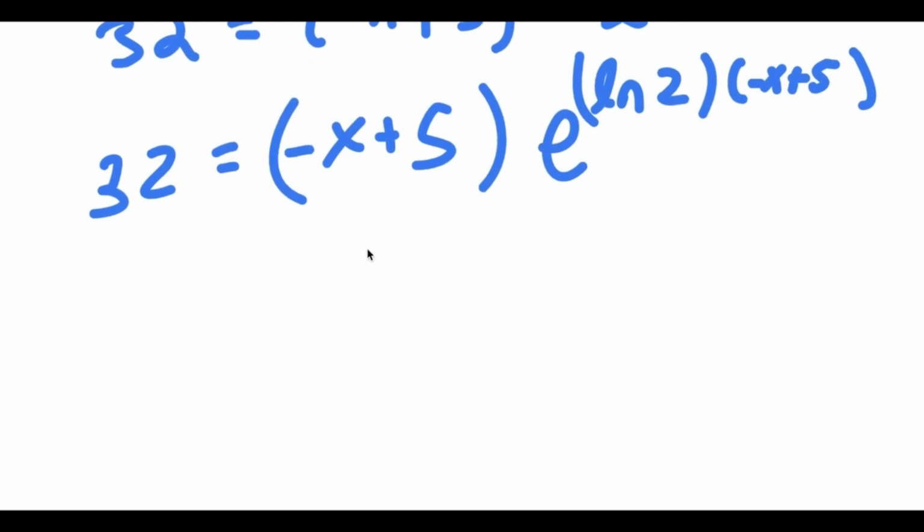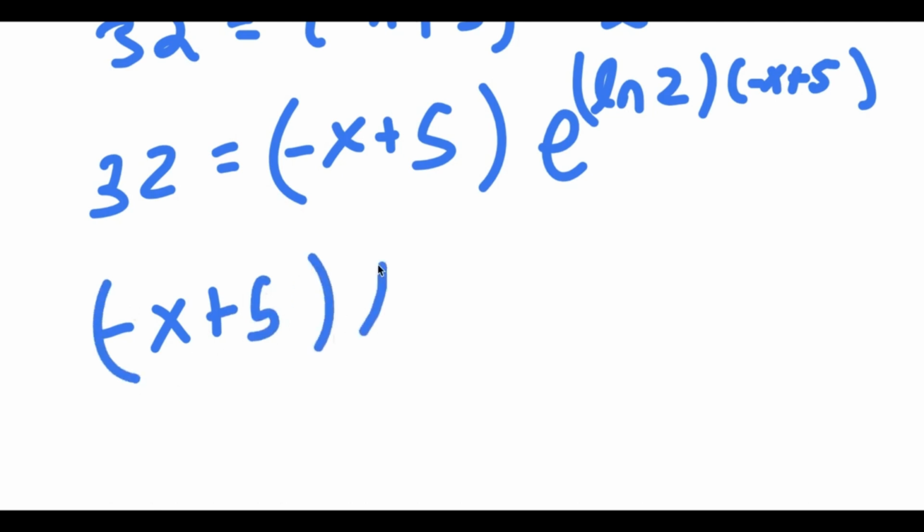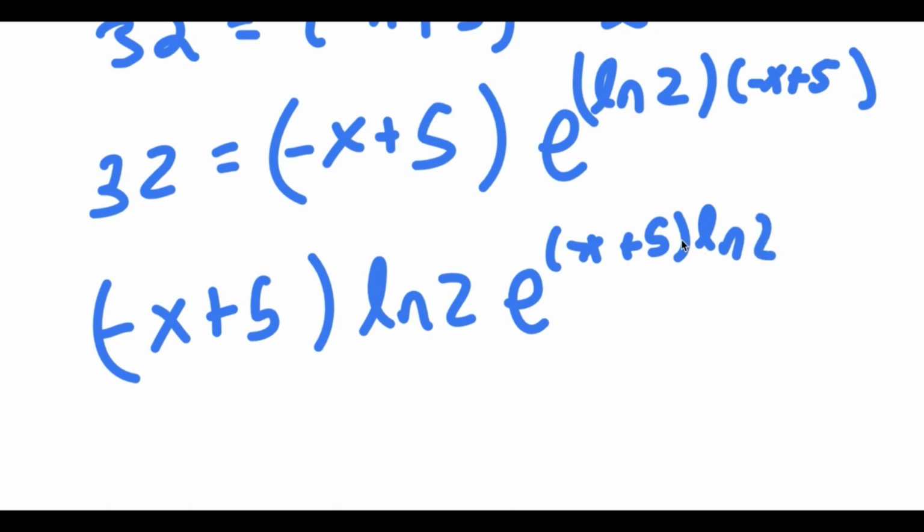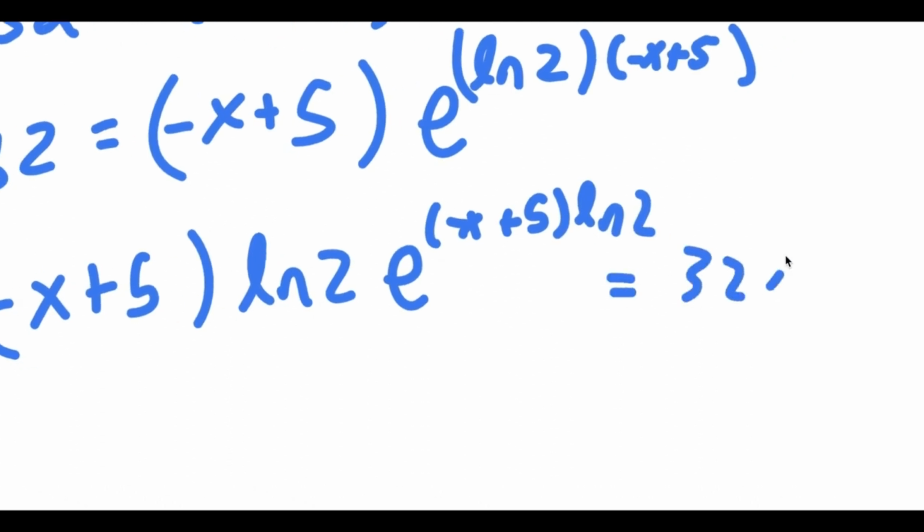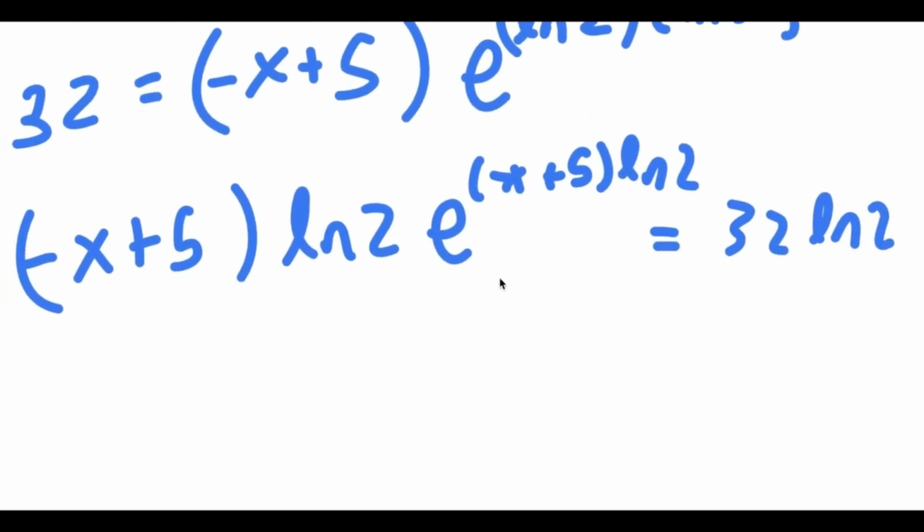And now this is the same thing as negative x plus 5 times e to the power of negative x plus 5 times ln 2 is equal to 32 times ln 2. So I just multiply both sides by ln 2.